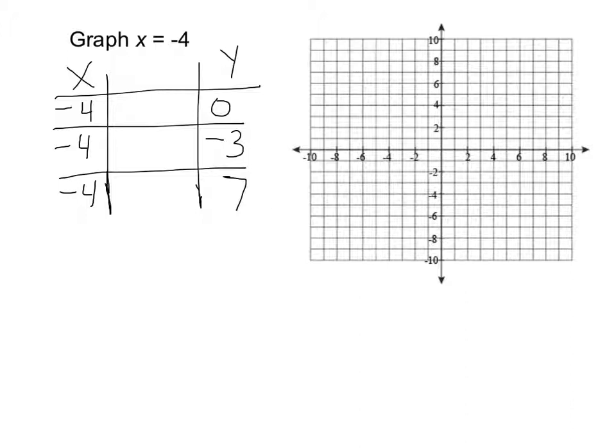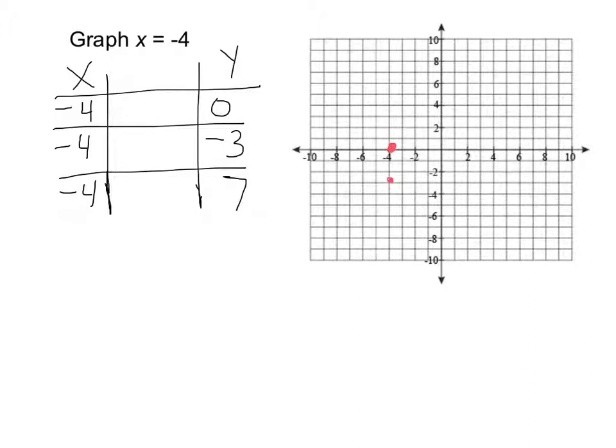So let's plot these points and see what happens. Negative 4 comma 0: I go over to negative 4, but I stay at 0. Negative 4 comma negative 3: I go over to negative 4, but go down to negative 3. 1, 2, 3.